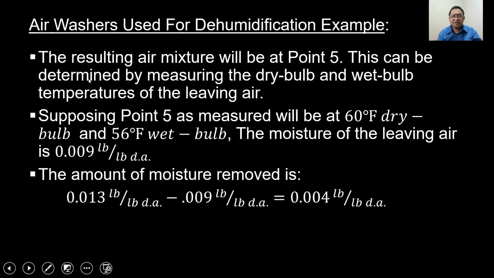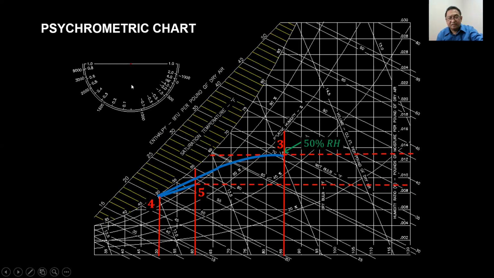This can be determined again using the sling psychrometer by measuring the dry bulb and the wet bulb temperatures of the leaving air. So we can plot out point 5 here.